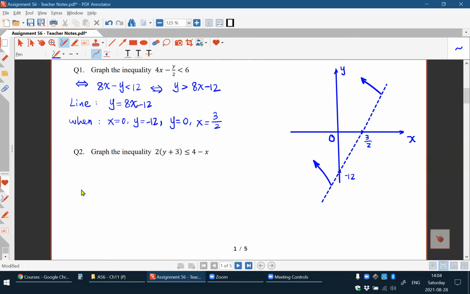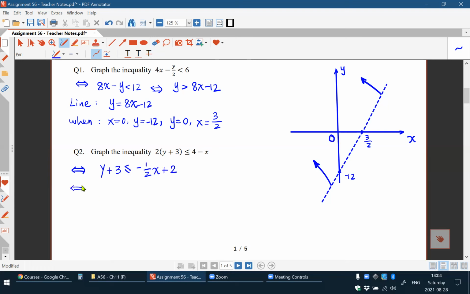No? All right, let's see question 2. Again, first of all, we need to separate x and y in order to find the boundary line in the slope-intercept form. Okay, so the original inequality is equivalent to y plus 3 less than or equal to minus 1 over 2 x plus 2, right?